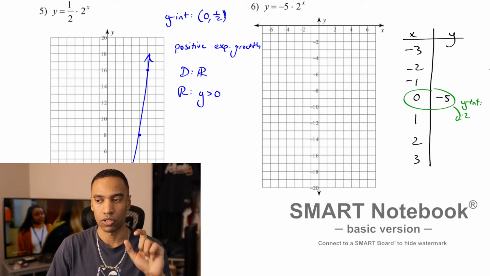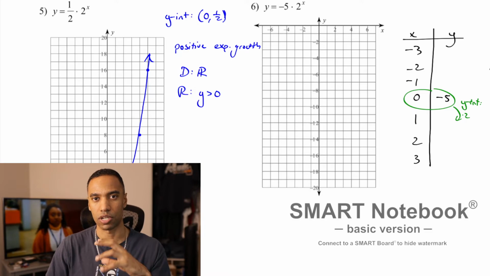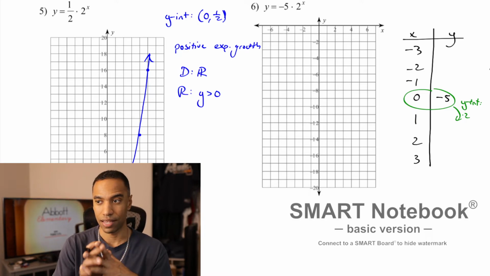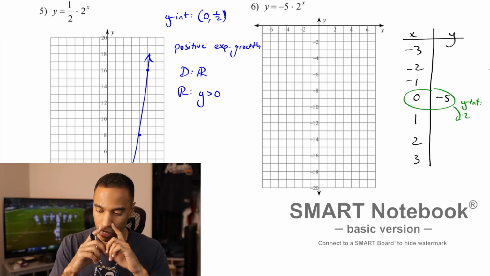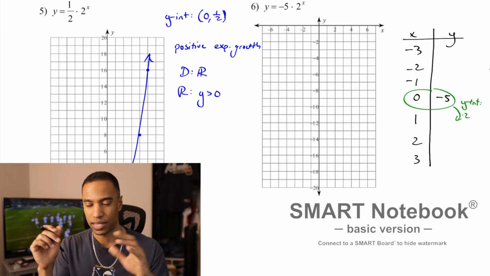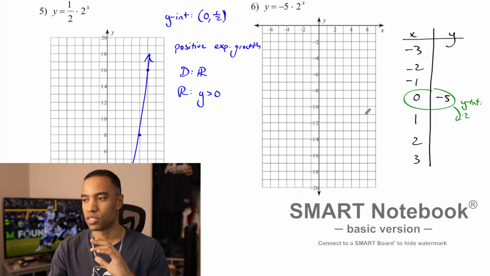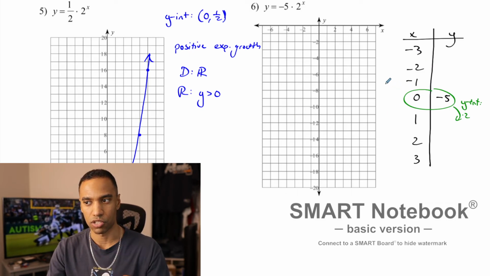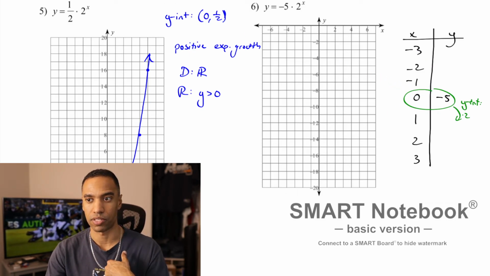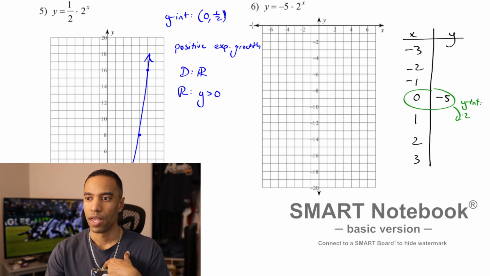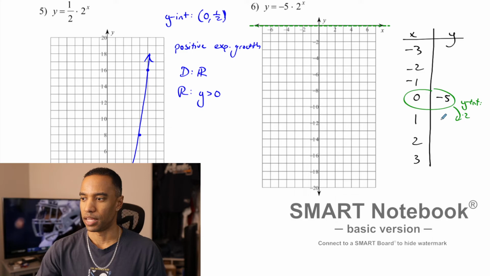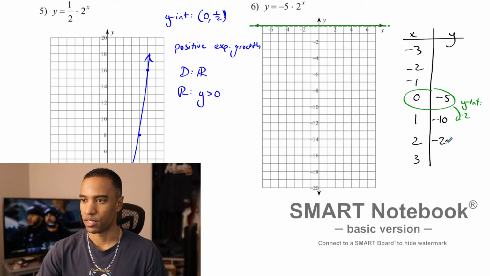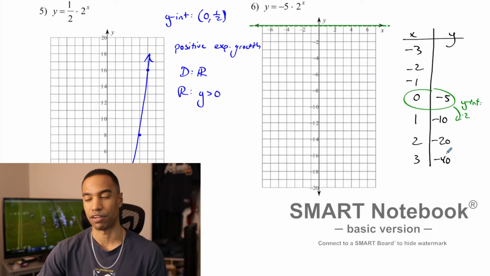You should be doubling your distance from your asymptote, not just doubling the y value, unless you are doing the entire plugging it in and evaluating the entire expression. So this is only doubling the distance from the asymptote, which of course our asymptote is at y equals 0. Anyway, so you double -5 and you get -10, and double -10 and you get -20, obviously negative exponential growth, and the next one you get -40, which we can't fit.